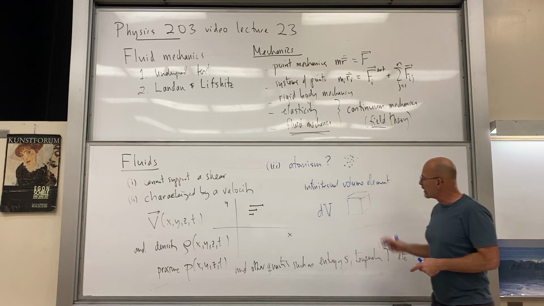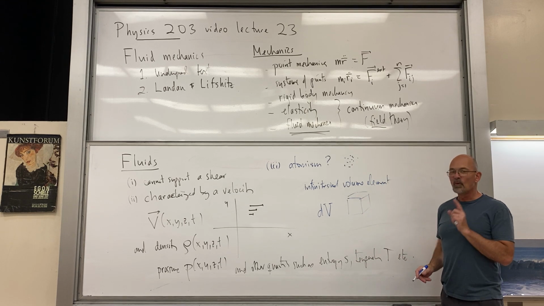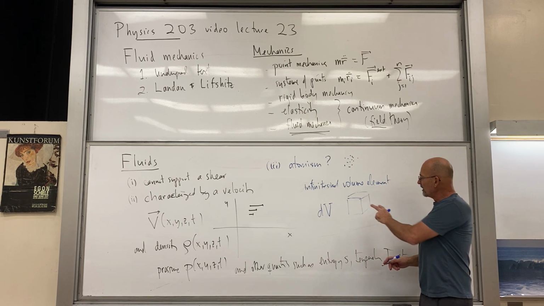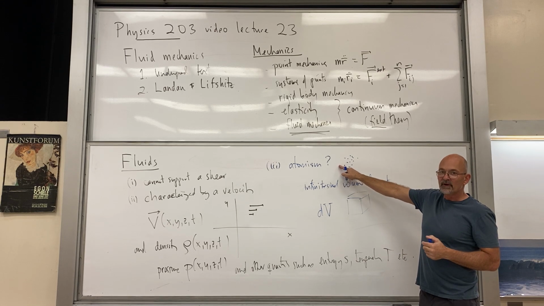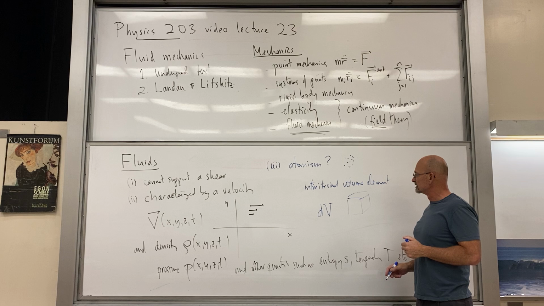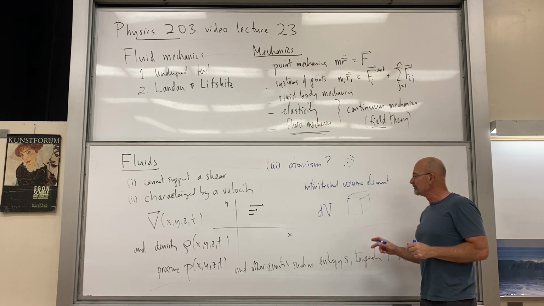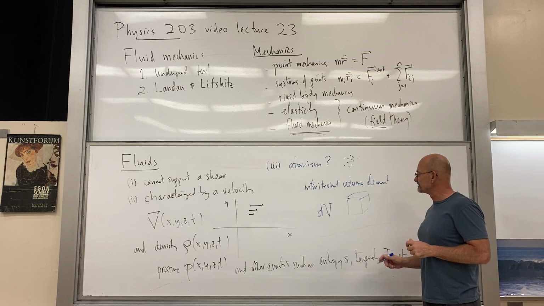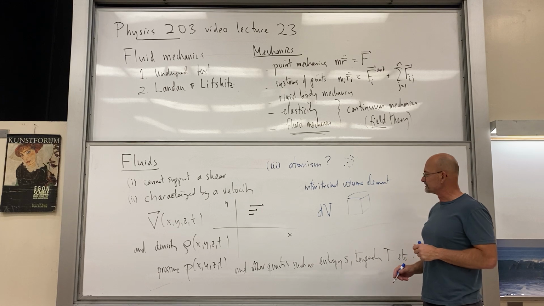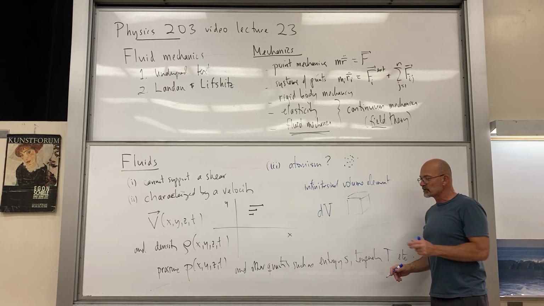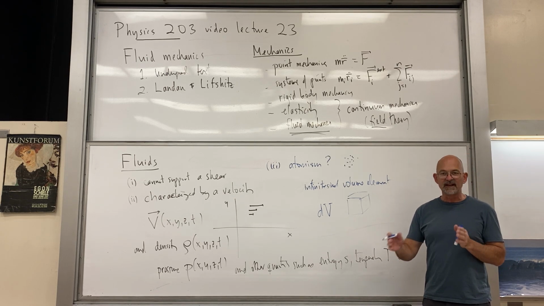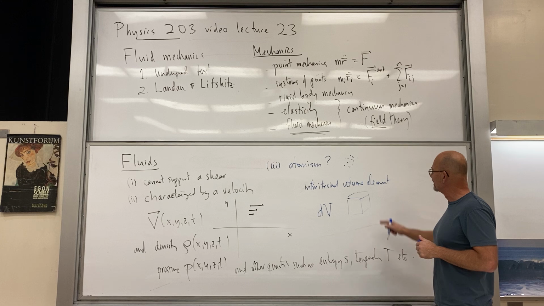So this is very, very small on the one hand, but on the other hand, it still contains a very large number of atoms and molecules. So it's somewhere in between being truly microscopic and being macroscopic. Certainly the size of this thing has to be very small with respect to any other dimensions in the problem.